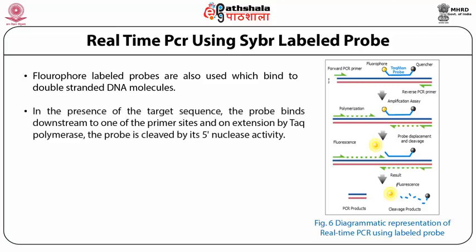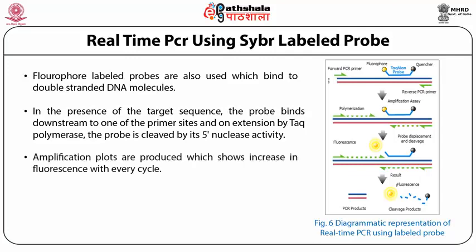In the presence of the target sequence, the probe binds downstream to one of the primer sites, and on extension by Taq polymerase, the probe is cleaved by its 5' nuclease activity. The fluorophore thus gets separated from the quencher and emits fluorescence.